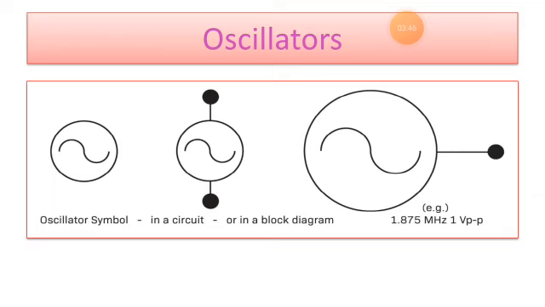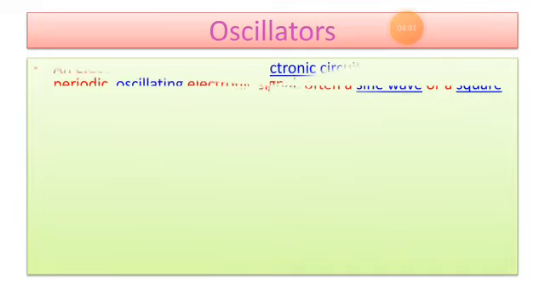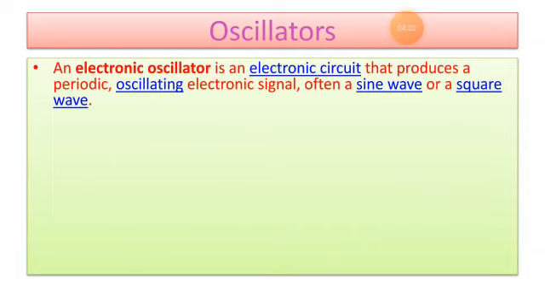This is the symbolic representation of oscillator we use in our circuit. Now, what is this oscillator? Oscillator is an electronic device which is used to produce a periodic oscillating electronic signal, which often gives us a sine wave or square wave.